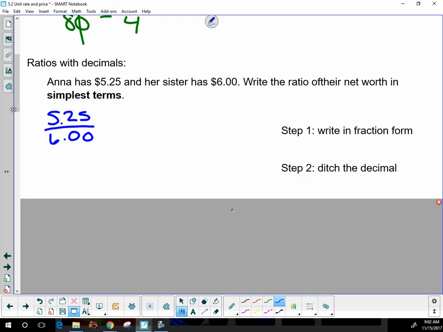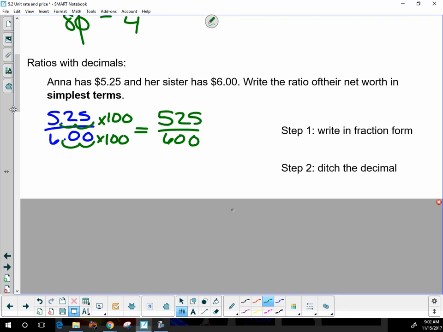We multiply by a power of 10. Since I need to bump the decimal 2 places, I need 2 zeros. You don't have to write times 100, but you can just rewrite it as 525 over 600, or you do the swoop thing that we talked about, okay?